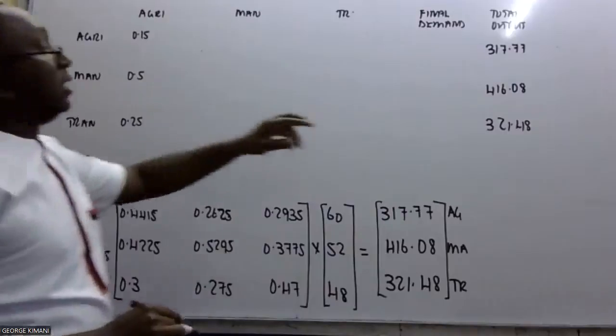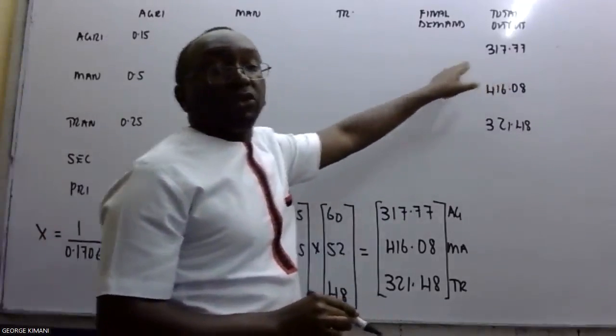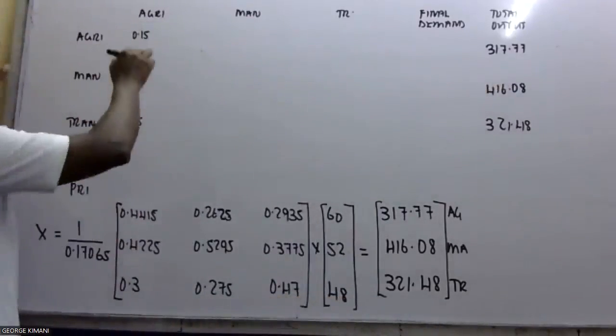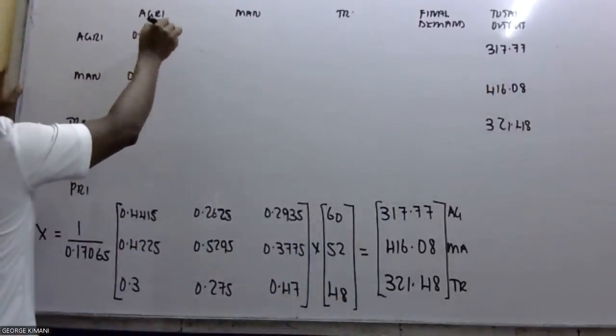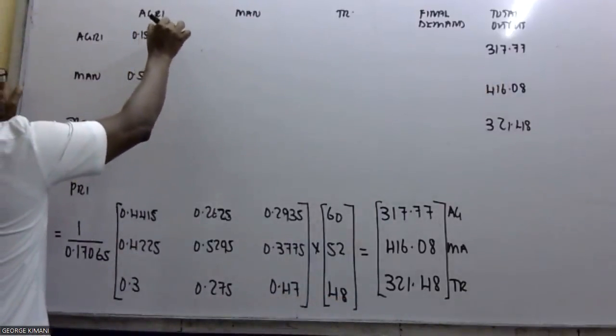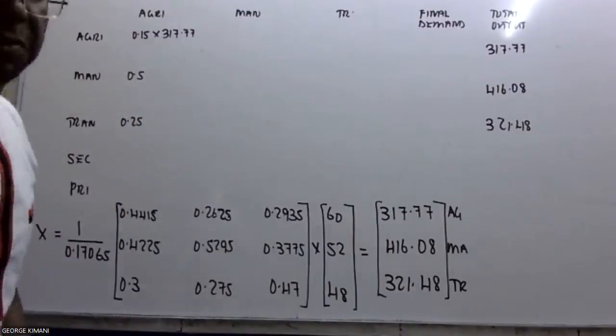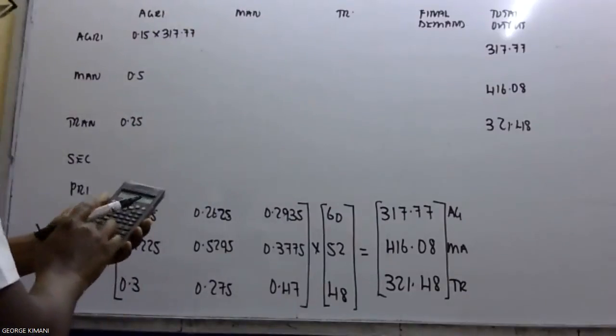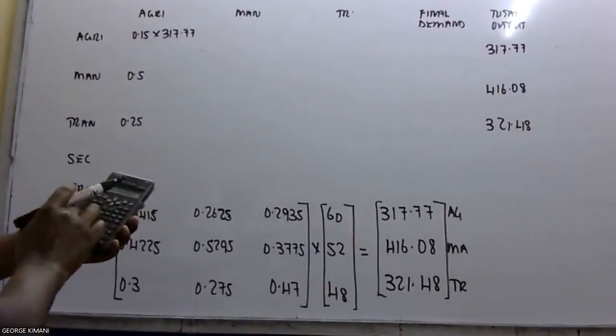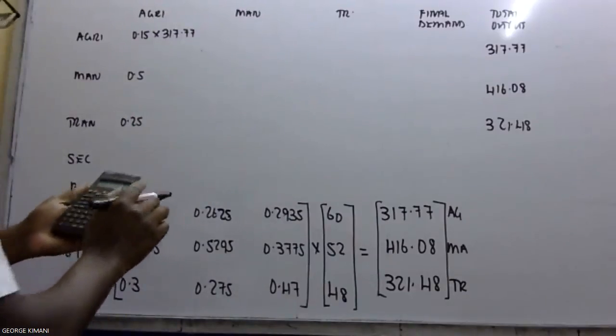So if this is the total and you want to know the total of this one, you now multiply by 317.77. Let's multiply. Okay. 0.15 times 317.77.